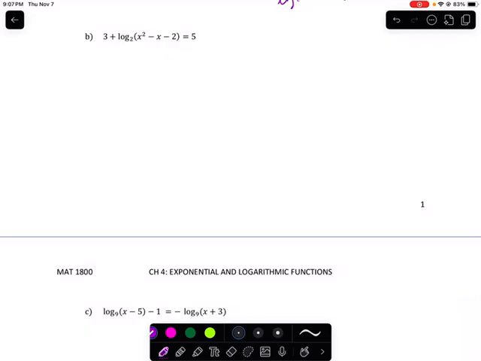Now this one is, you can say, somewhat similar to the one we did earlier. So this is with a single log term. So what we do, we isolate the log term. So we subtract 3. See, we get log of x squared minus x minus 2 equals 2.